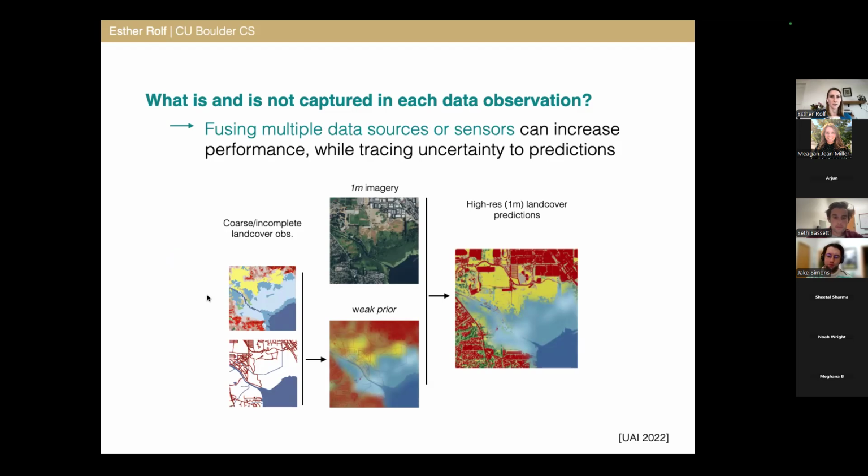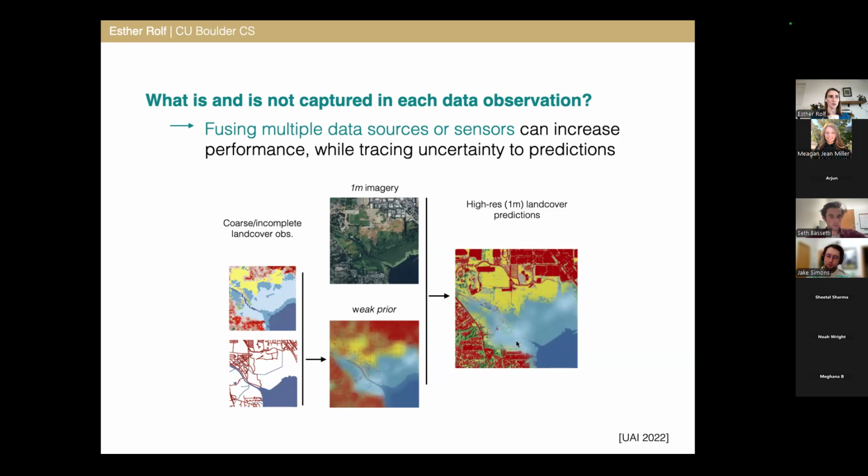We can take things like very coarse land cover measurements, with very high res vector data where only a couple of classes are represented, and model it not as ground truth information, but as a kind of fuzzy prior belief in the Bayesian sense. And then learn from that to get output predictions that are certain, as you can see with the stark colors here, in places where the prior belief and our observation, here satellite imagery, can support disambiguating that uncertainty.